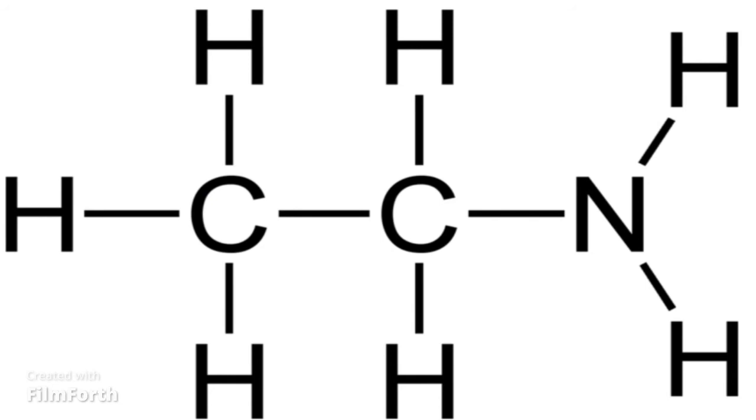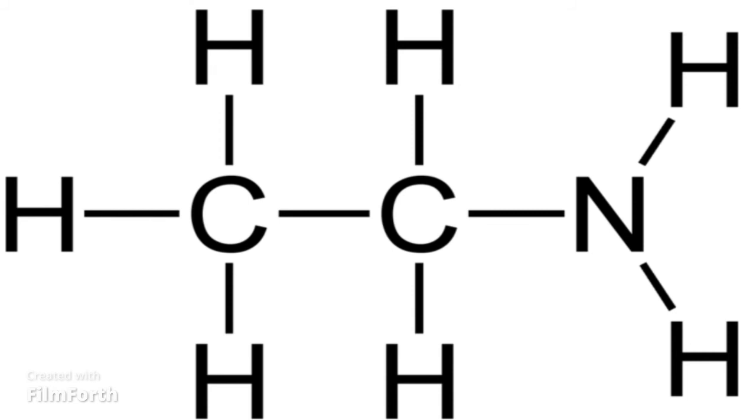Now, here's the 2D structure of ethylamine again, but more specifically, I will utilize this to identify the molecular properties. Now, starting off with the functional group, as we can see, the central atom that's furthest to the right is nitrogen, and it's bonded to two hydrogens. Therefore, it is considered an amine group.